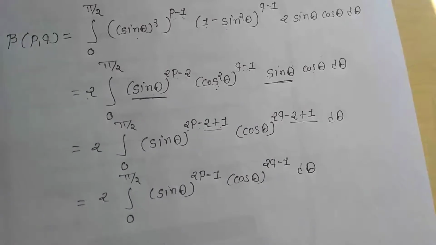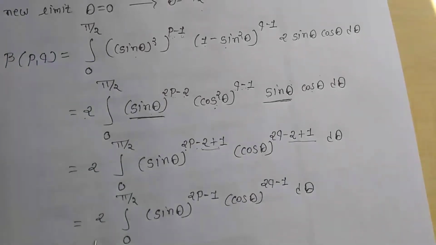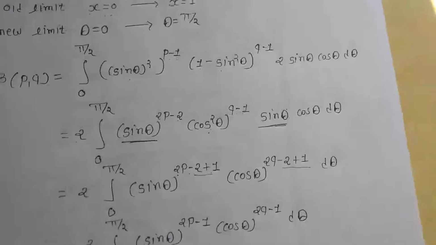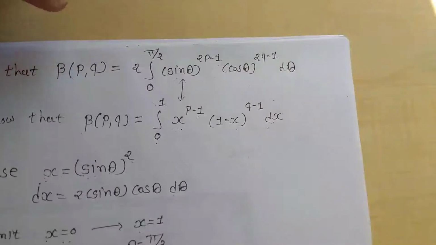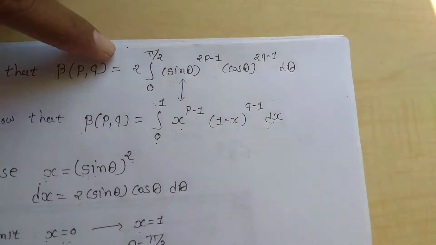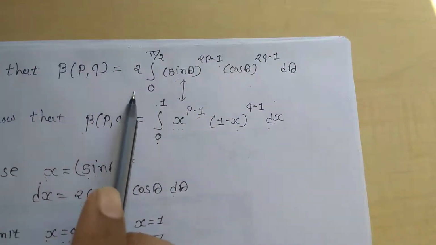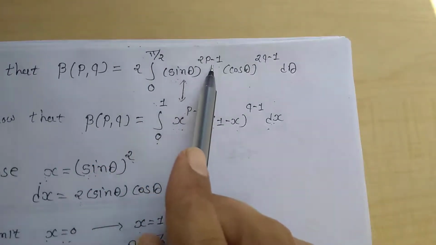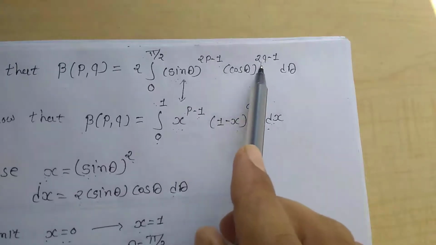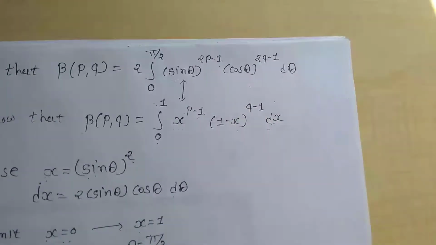Now this is complete. 2 times integration 0 to pi by 2 sin raised to 2p minus 1 cos raised to 2q minus 1 d theta is our statement. Beta of p comma q is equal to 2 times integration 0 to pi by 2 sin theta raised to 2p minus 1 cos theta raised to 2q minus 1 d theta, and this is complete.